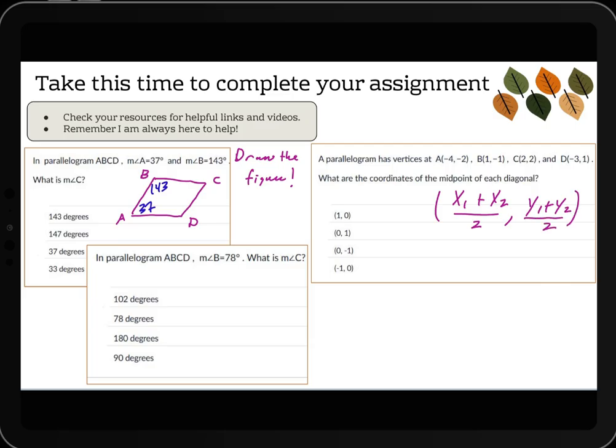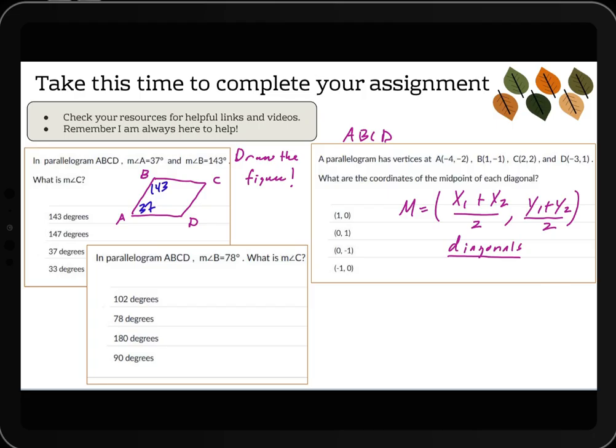And again, I highly recommend that you think about what we did in that example when we were talking about parallelogram ABCD, how I paired up certain ordered pairs as my diagonals, right? So you're thinking about the diagonals here. You want to figure out what the diagonals are, and you only have to do that once.